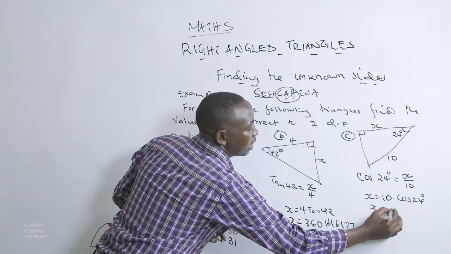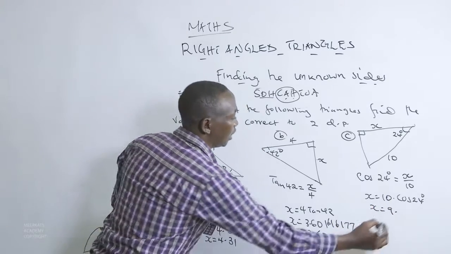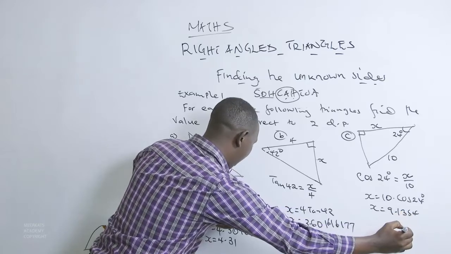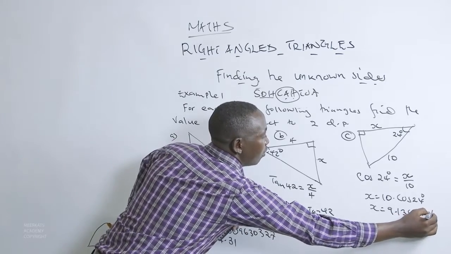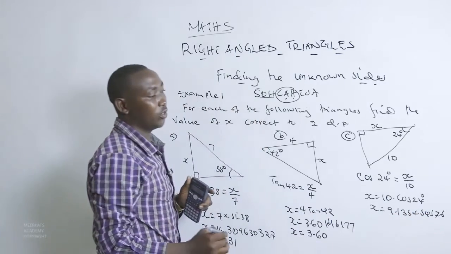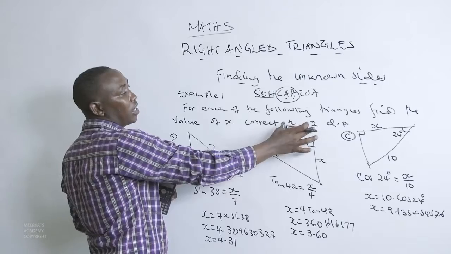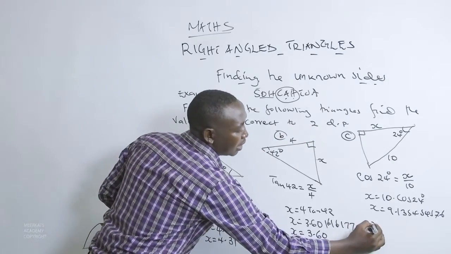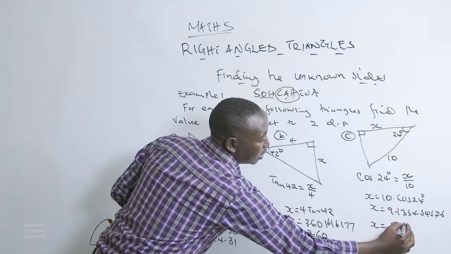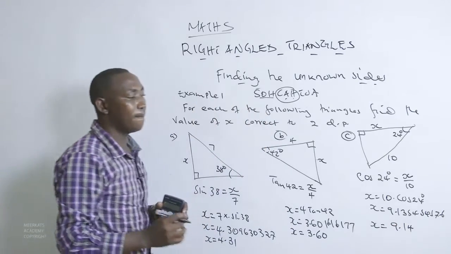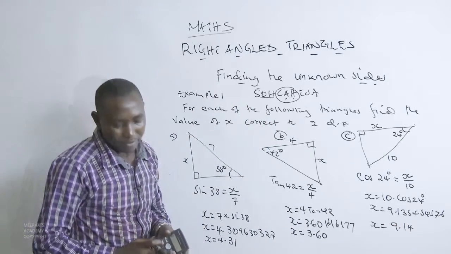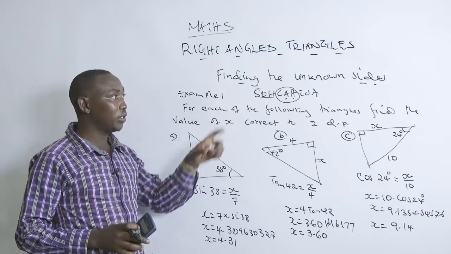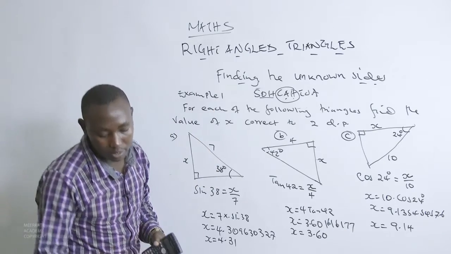That means that our x shall be 9.135454576 units. The question requires us to write our answers correct to 2 decimal places. That means our x shall be equal to 9.14 units.